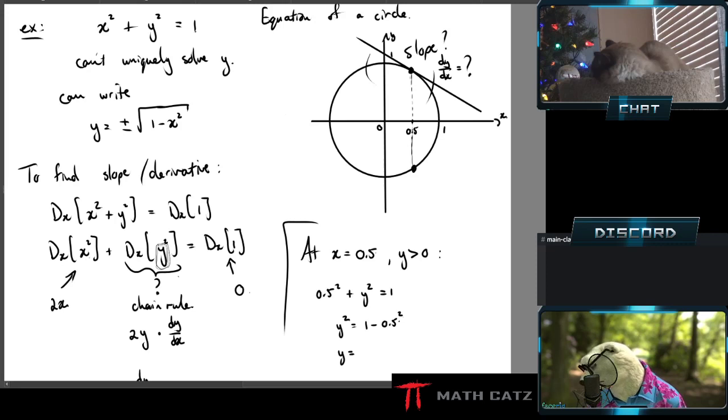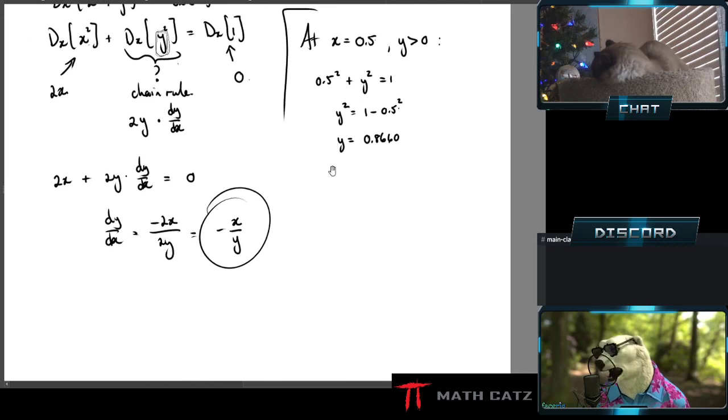So I have the square root of 1 minus 0.5 squared. And you should also get 0.8660 if I round to 4 decimal places. That's this y coordinate, right?